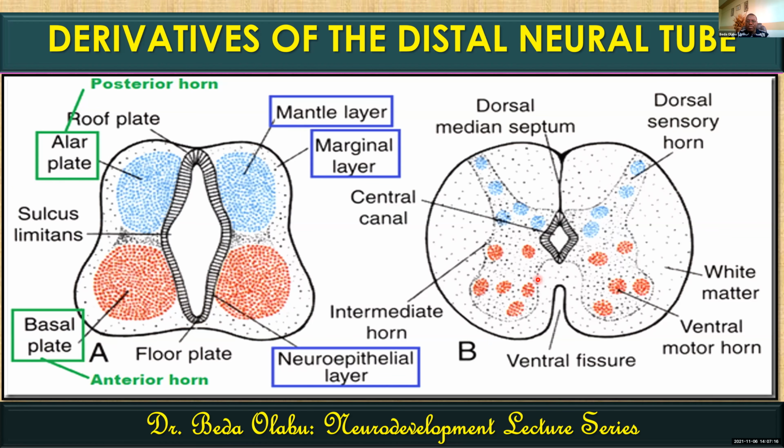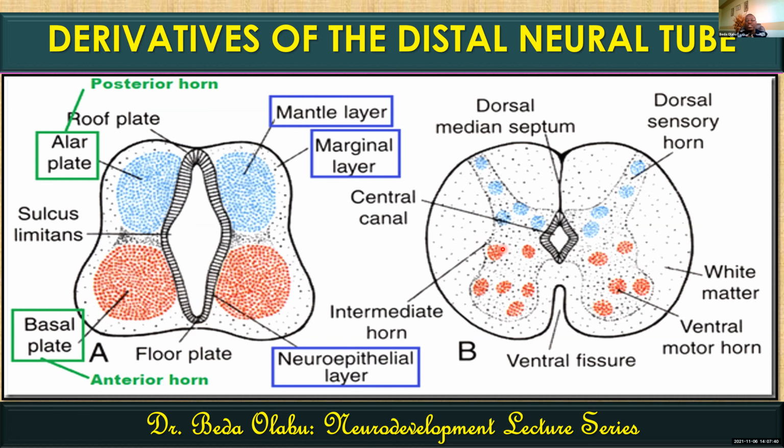Whether somatic motor, visceral motor or autonomic motor, we appreciate that the basal plate has a motor function, giving rise to efferent neurons which leave the spinal cord. They could be going to skeletal muscles, so we call them somatic motor, or they could be going to smooth muscles, cardiac muscles and glands.